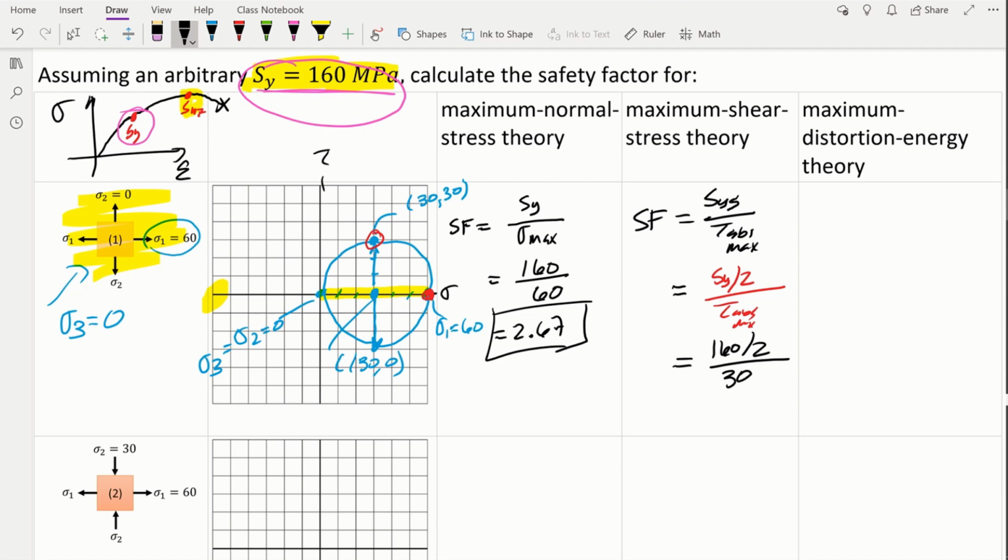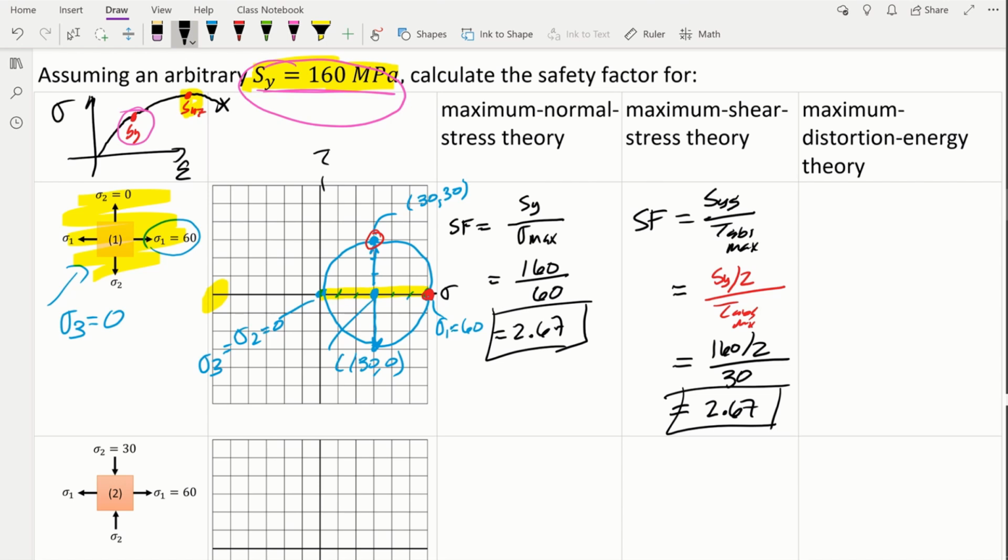So if we type 160 divided by 2, which is really 80, and we divide by 30, we get a value of 2.67. And this is based on the maximum shear stress theory.